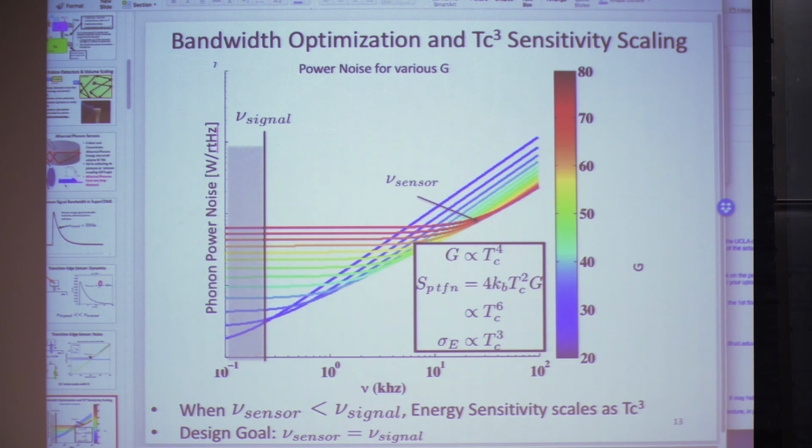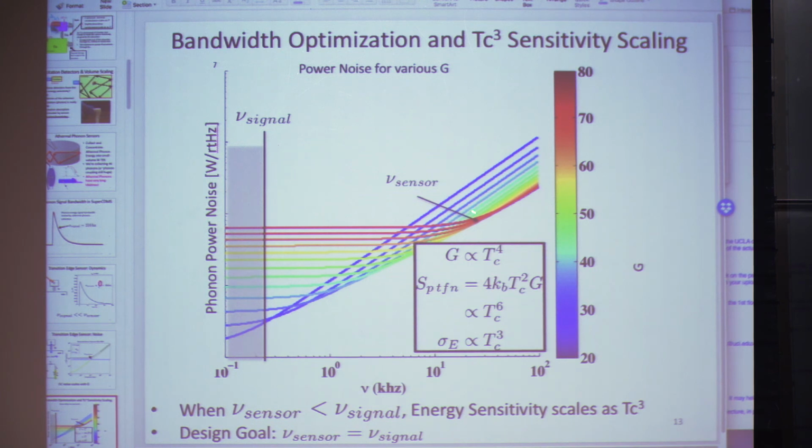So I told you previously that for all athermal phonon systems that we design, your sensor bandwidth is, I messed that up. Your sensor bandwidth is greater, sorry, cover this up, guys. So here is all the systems. I told you the sensor frequency was greater than the signal frequency.